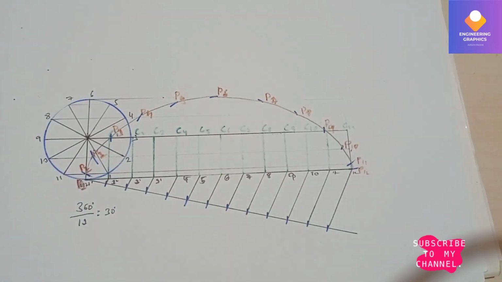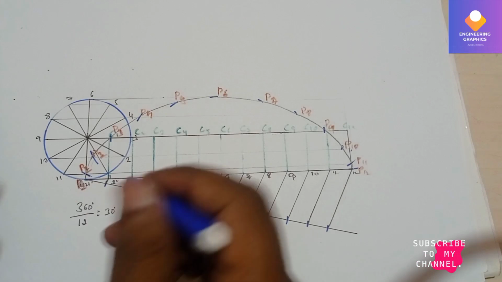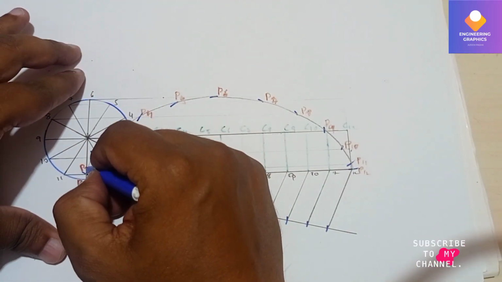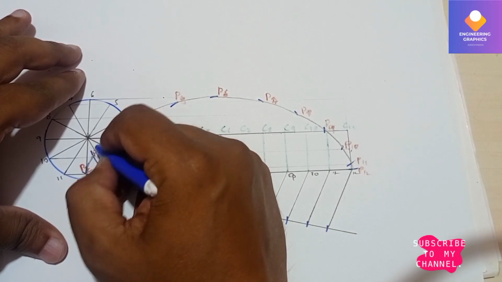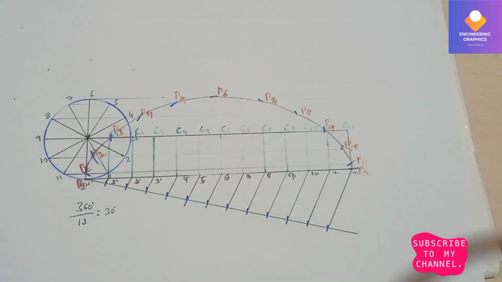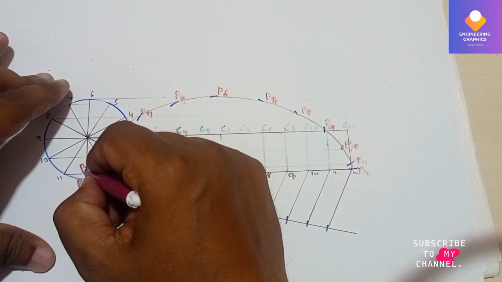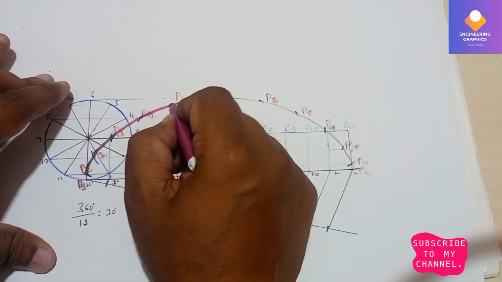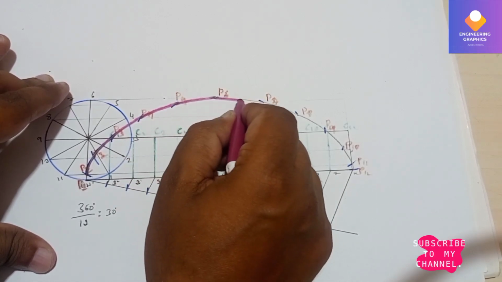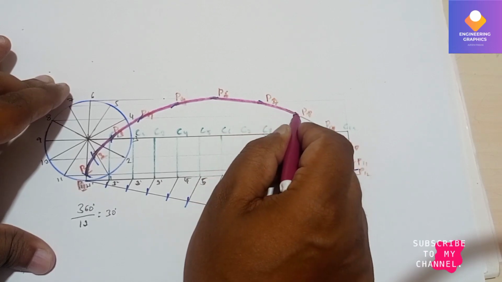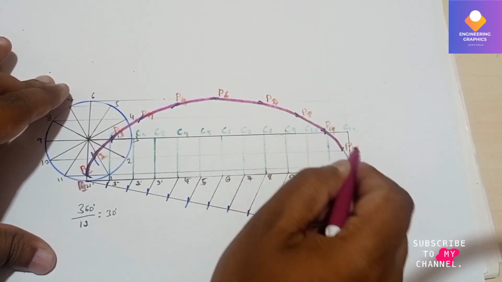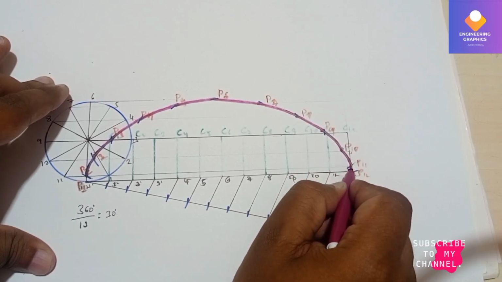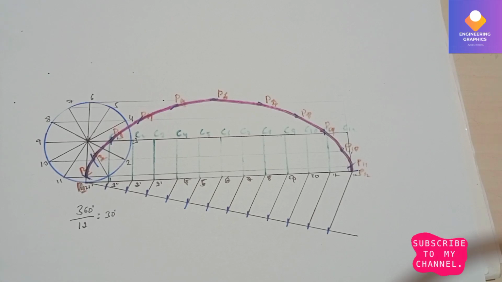So now we can dark this one with a different color. So this is how the cycloid is completed.